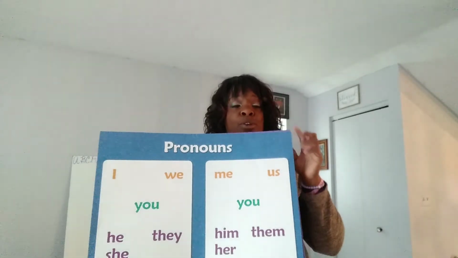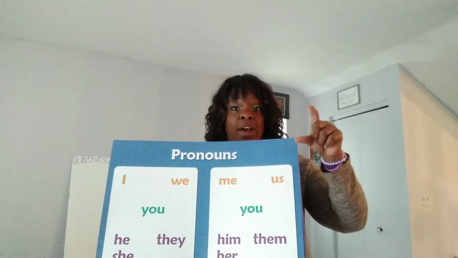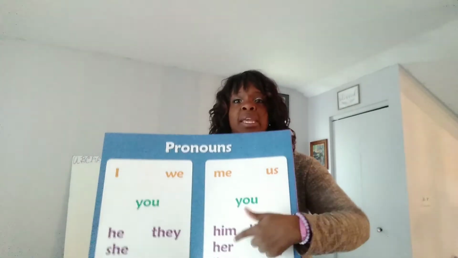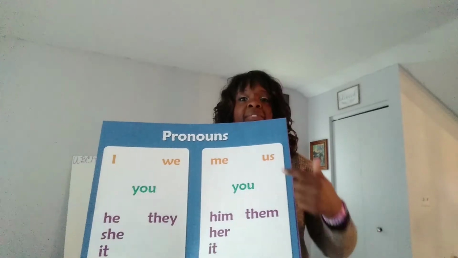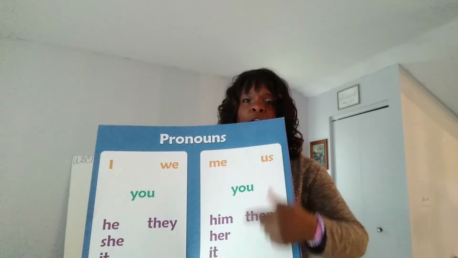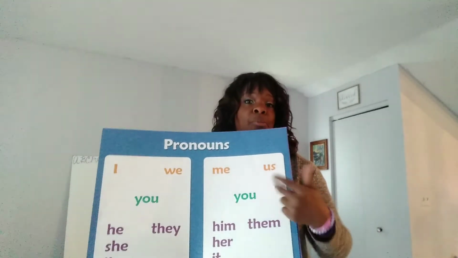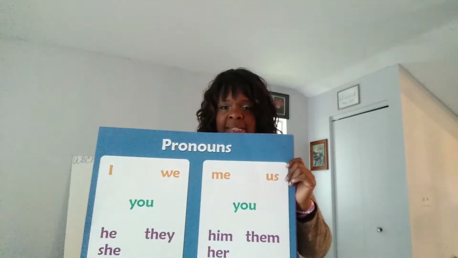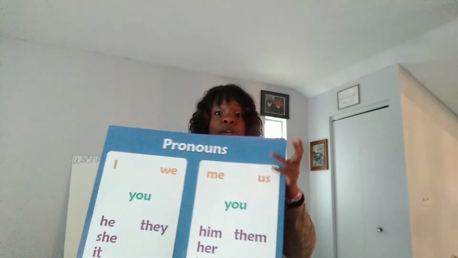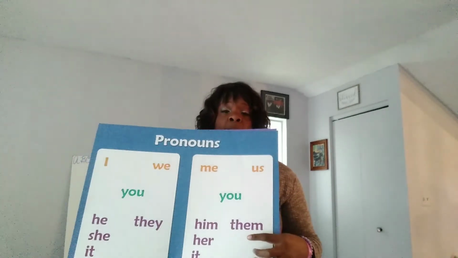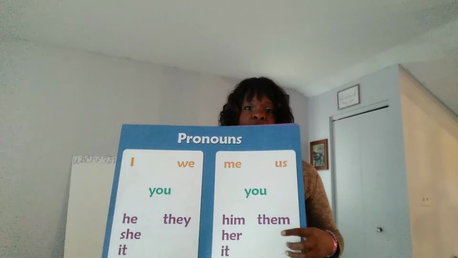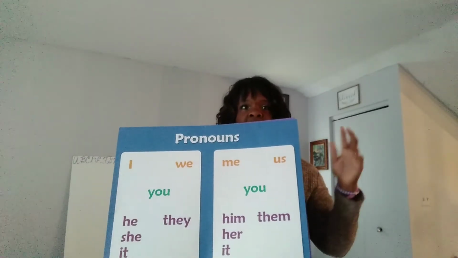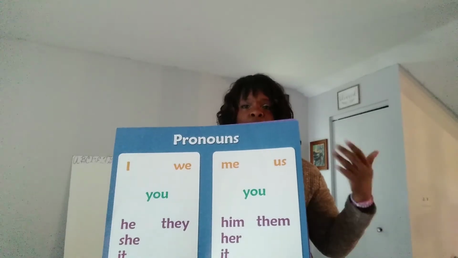So the predicate pronouns, if you look in your glossary under pronouns and then under predicate, it will show you me, us, him, her, them. And then you know that you and it are automatically there because they're in both the predicate and the subjective pronouns. Okay? Do we see that? Does that make sense? So, you're not going to use, I liked going to the mall with he and her, or he and she.